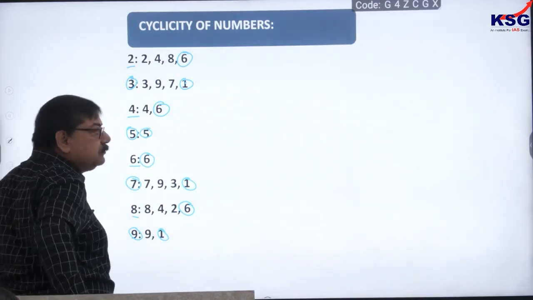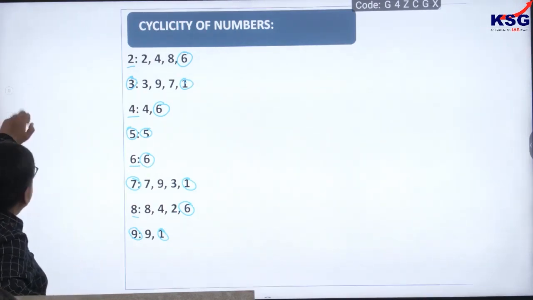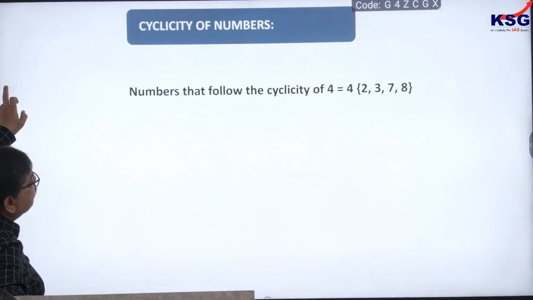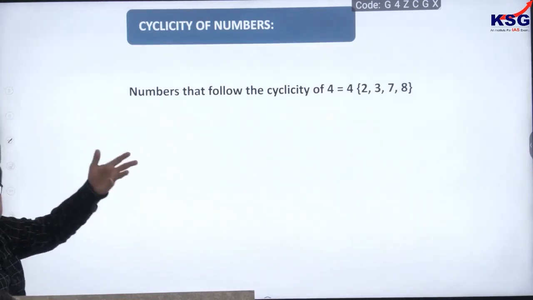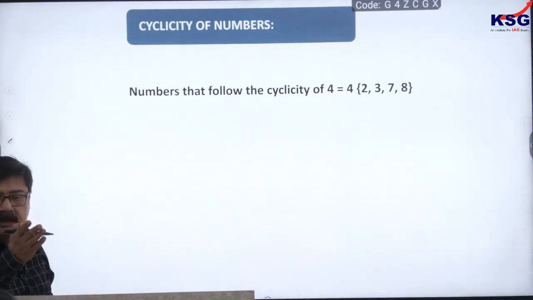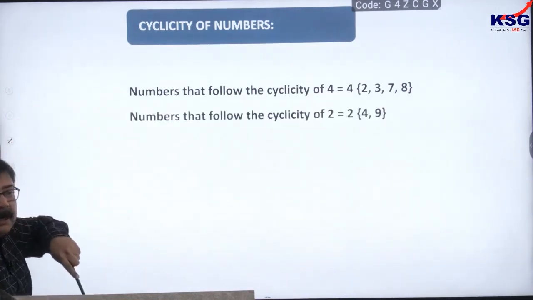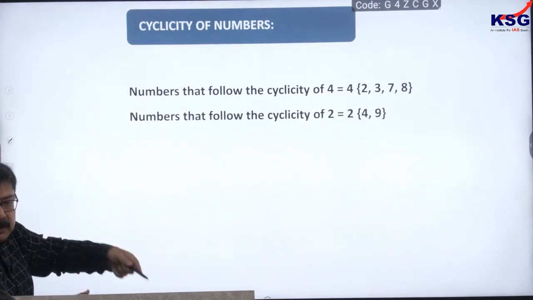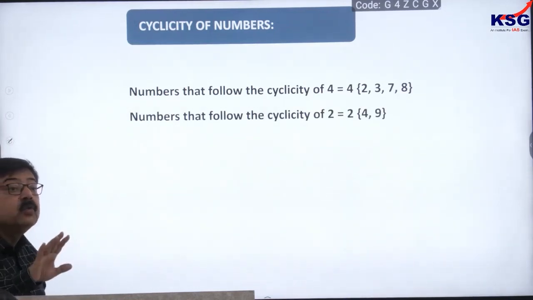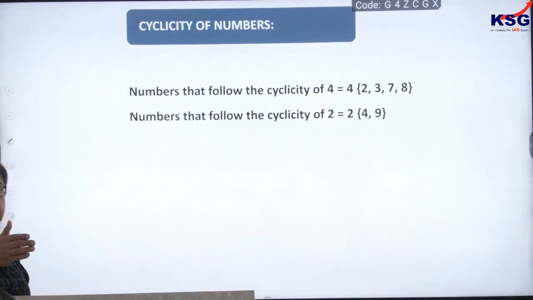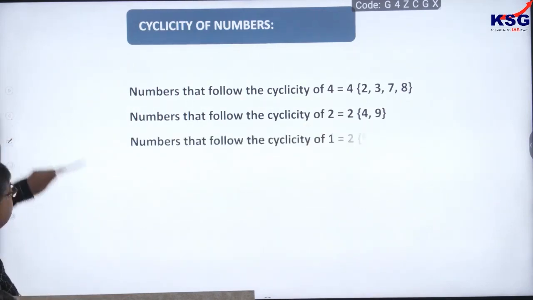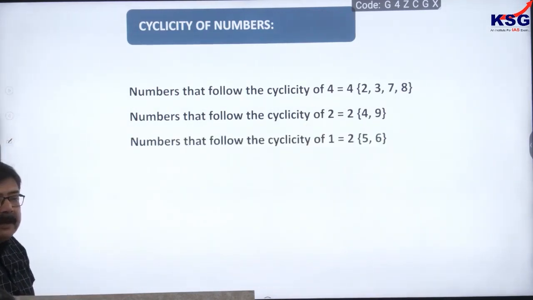So in short, numbers that follow the cyclicity of 4 powers are 4, which are 2, 3, 7, 8. Numbers that follow the cyclicity of 2 powers are 2 numbers, 4 and 9, which are both squares. And numbers that follow the cyclicity of 1 power are 2, which are 5 and 6. So this is embedded in our minds now, right?